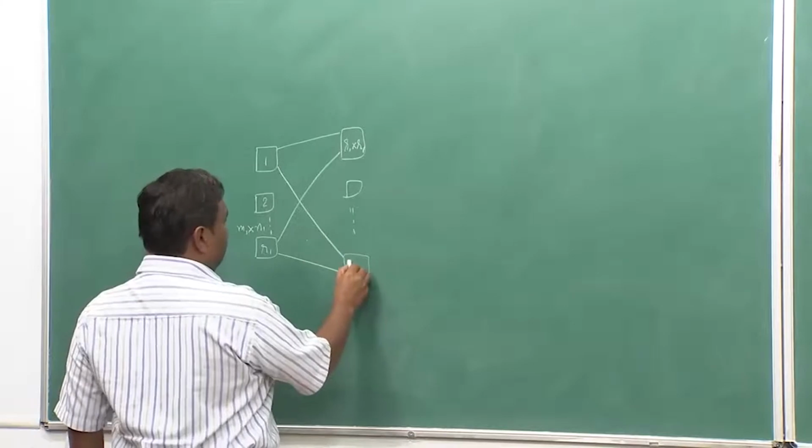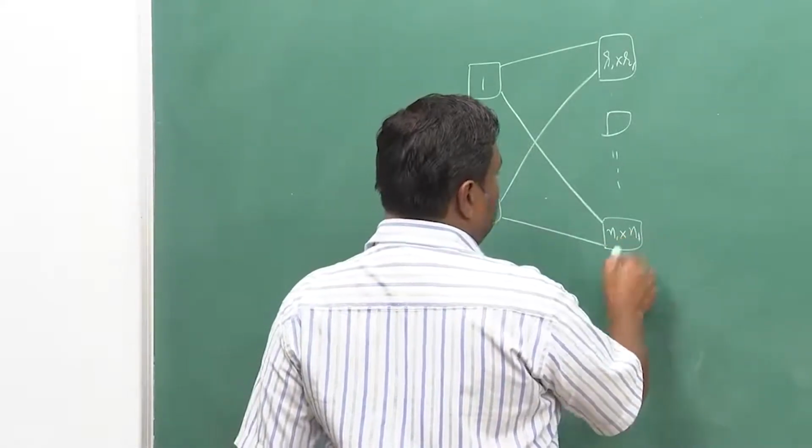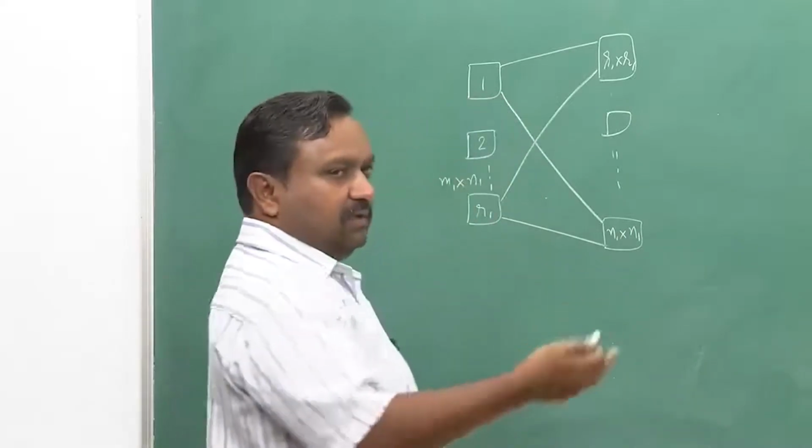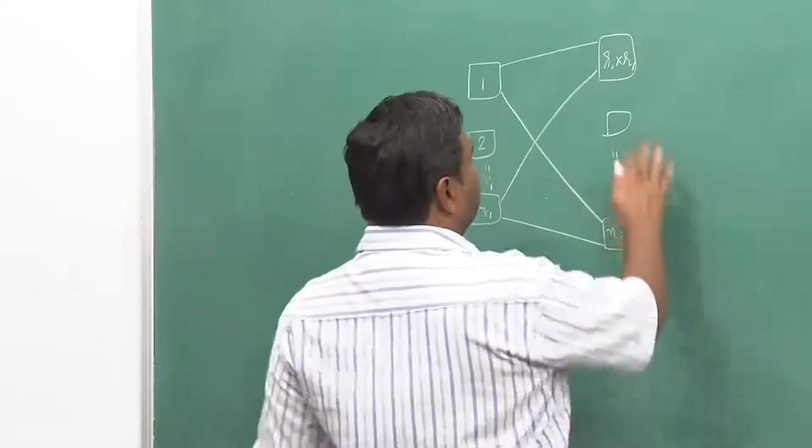Each one of them will be N1 by N1. In fact, I had written in the beginning that it will be M2 by N2, M3 by N3.